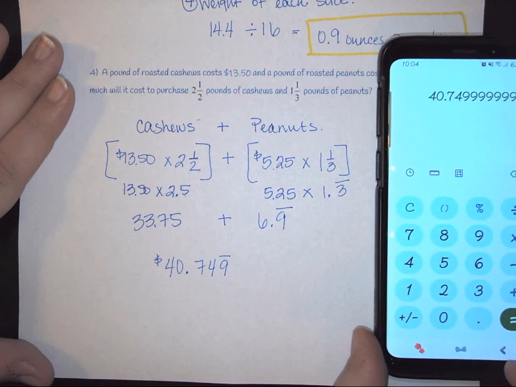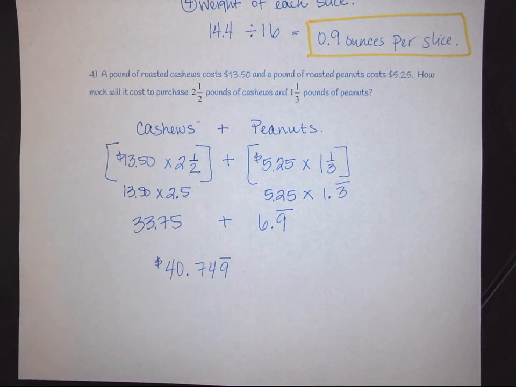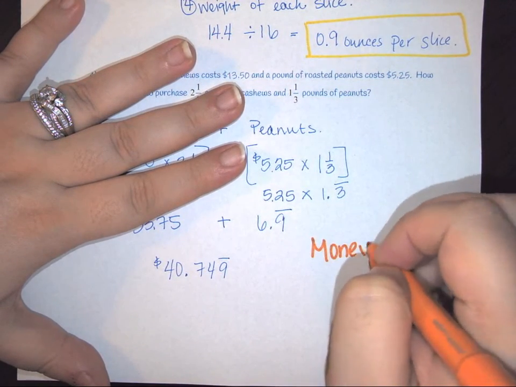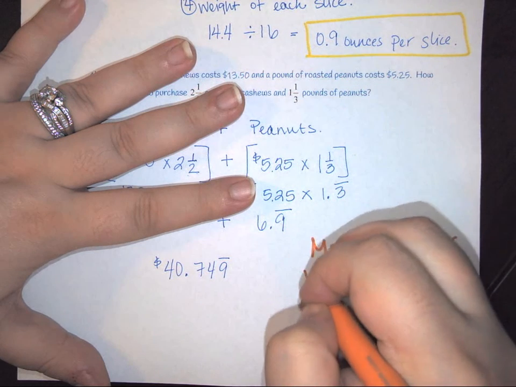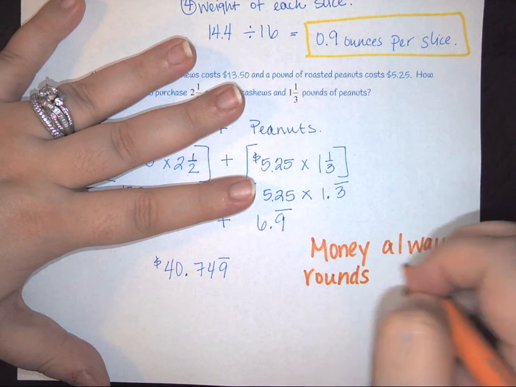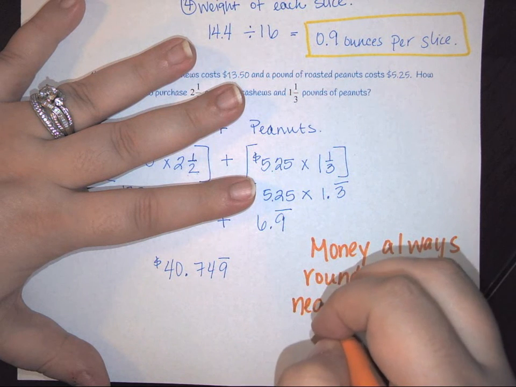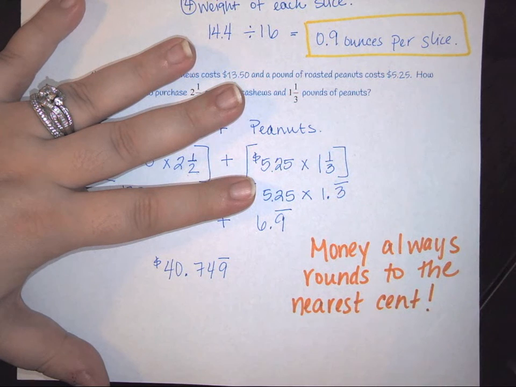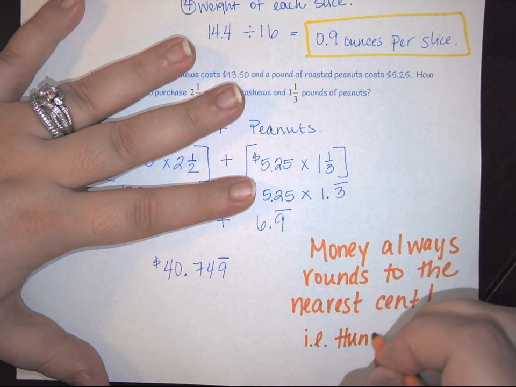And then the other thing I need to take into account is the following. Money always rounds to the nearest cent, which is your hundredths.